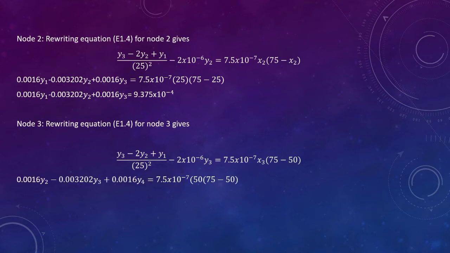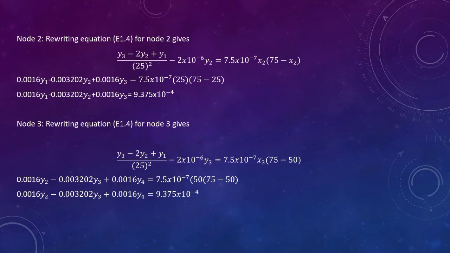So, we get 0.0016 y sub 2 minus 0.0032 y sub 3 plus 0.0016 y sub 4 equals 7.5 times 10 raised to the power of negative 7 times 50 times 75 minus 50. It is the same as how we got node 2.